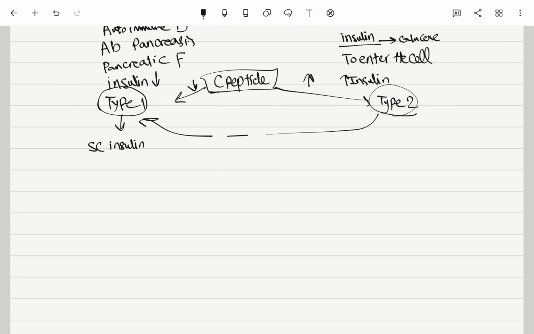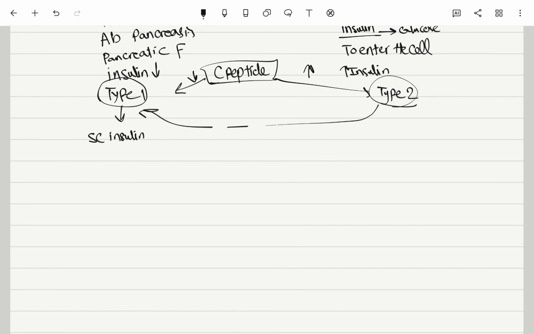What is the treatment of type 2? Type 2 treatment should be with a lot of things like sulfonylurea and metformin, SGLT2 inhibitor, and GLP.